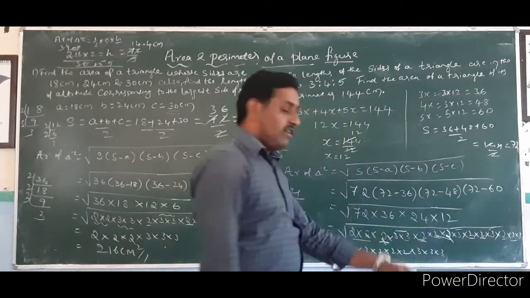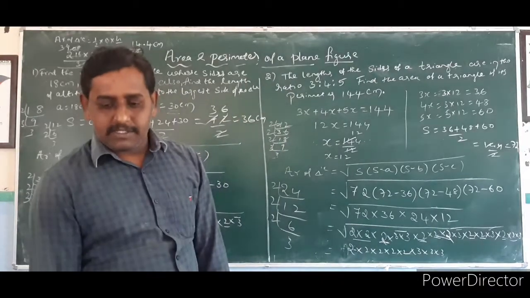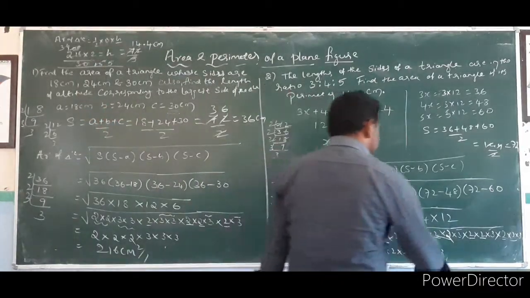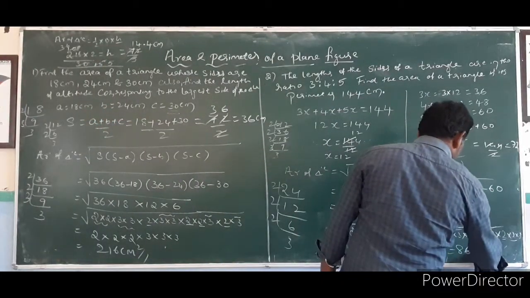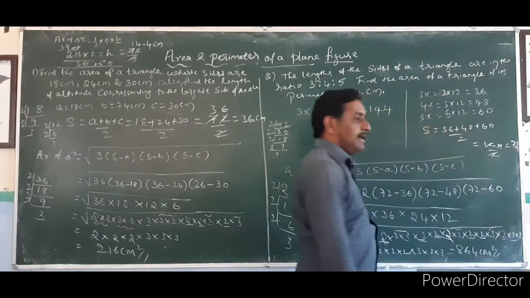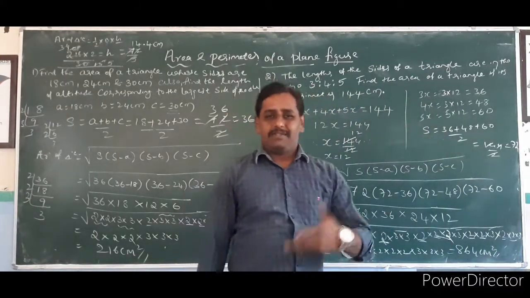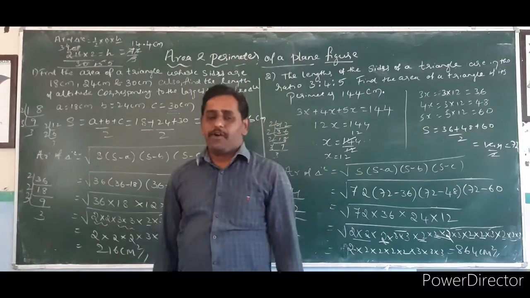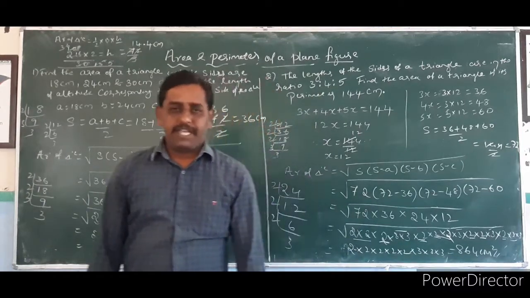If you multiply all those things, you will get the answer 864. Like this, we are going to solve the problems based on Heron's formula. Thank you for watching.